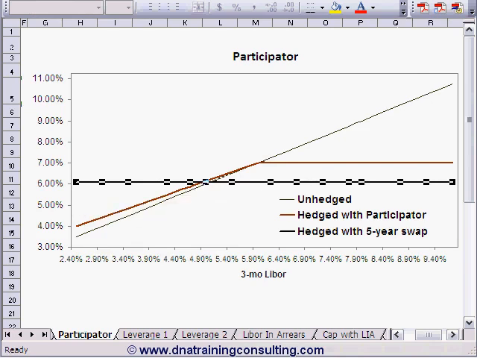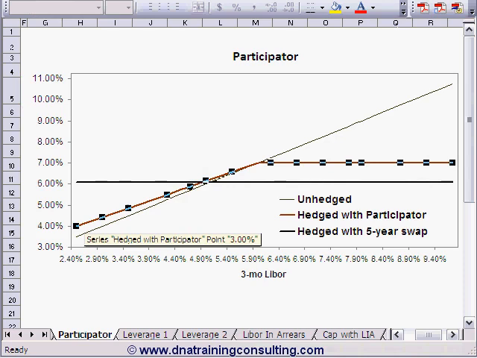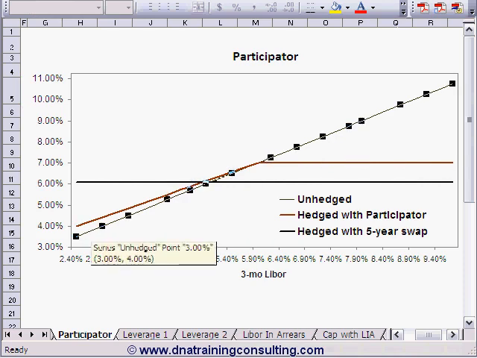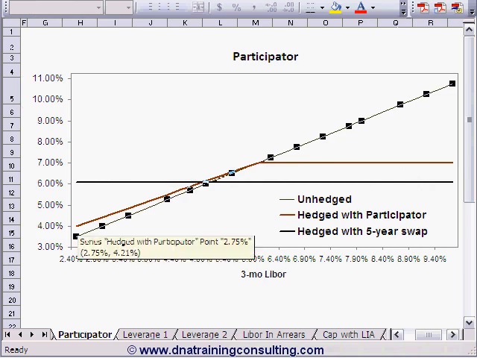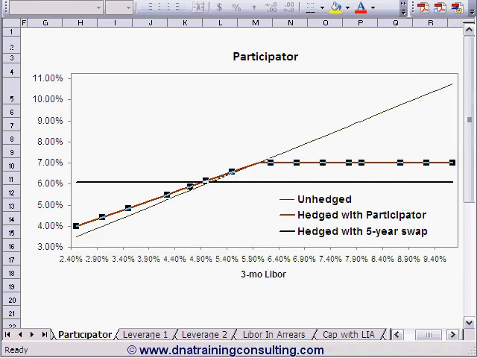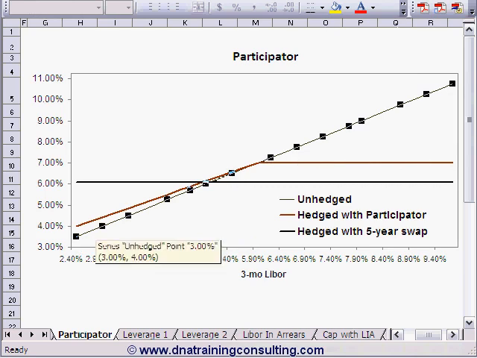You should note especially carefully the very slightly milder inclination of the diagonal on the left under the participator versus the unhedged position, reflecting the 86% exposure to falling LIBOR under this strategy versus, of course, the 100% exposure of the unhedged borrower along the original diagonal.